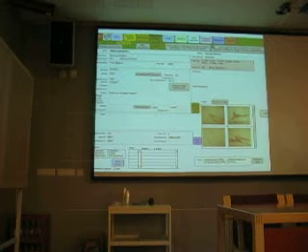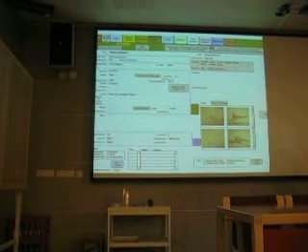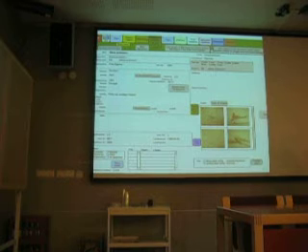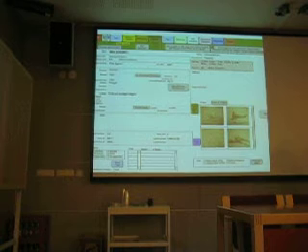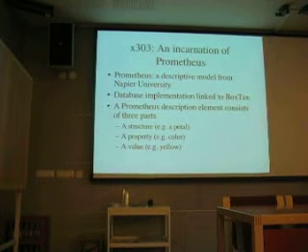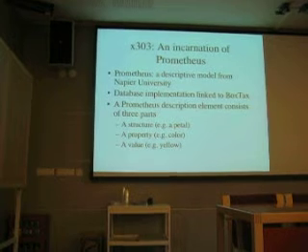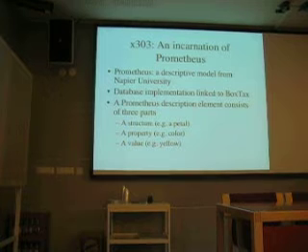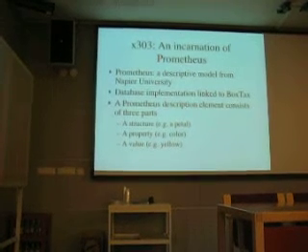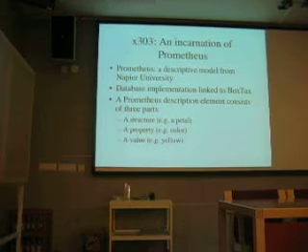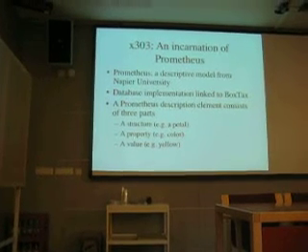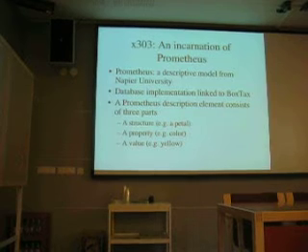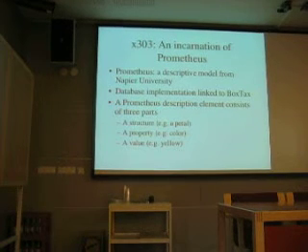This is just an image from the database where you can browse through different buttons and get different kinds of information. X303 is an incarnation of Prometheus, which has been developed mainly by Mikael Tollesson at Uppsala University. Some of you might know him. He also made his PhD here almost 10 years ago in zoology. And that's a database implementation.